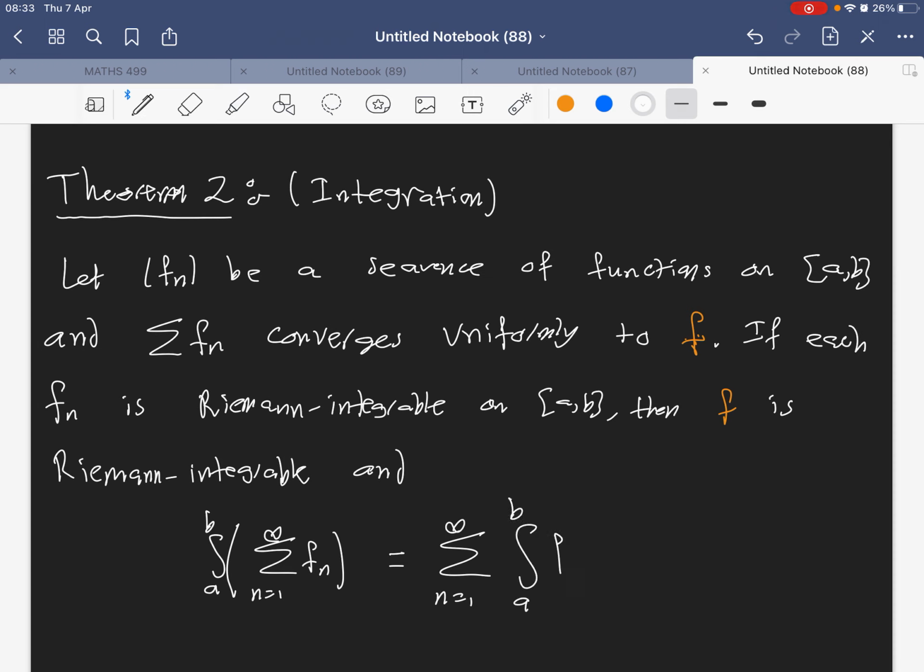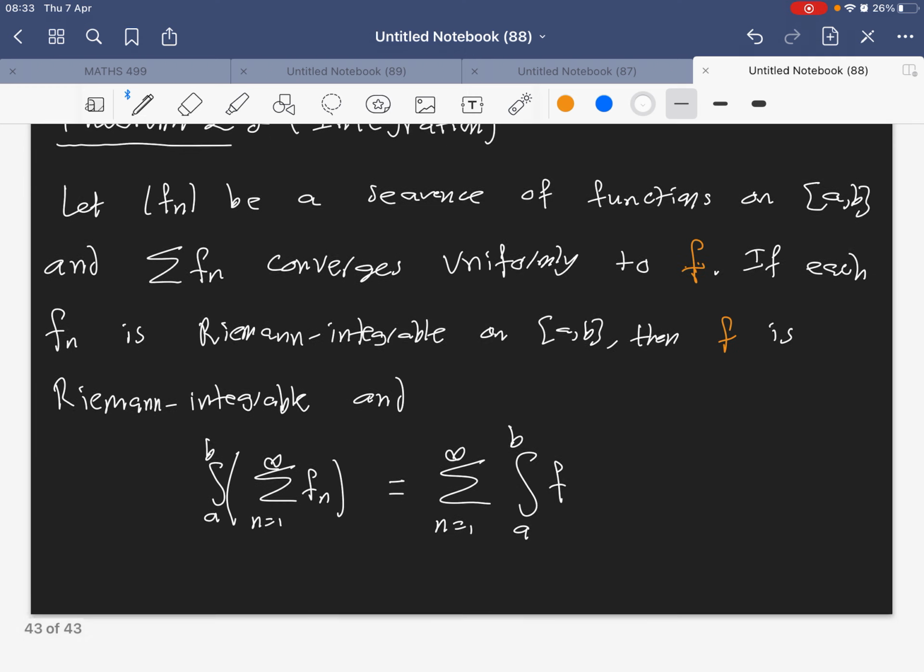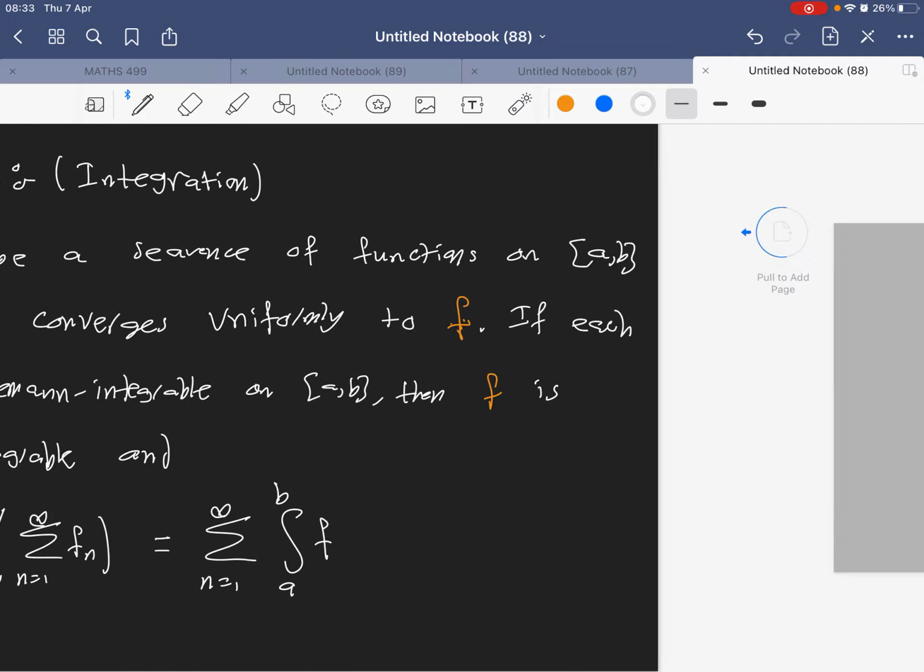The integration and the summation can be switched if we have uniform convergence. Okay, so we have to prove two things. First, we have to prove f is Riemann integrable, and then we have to prove that the integration and the summation can be switched. Let's do the first part.